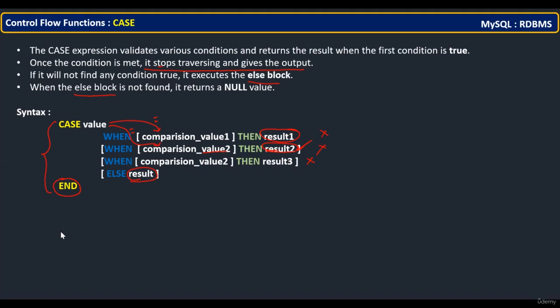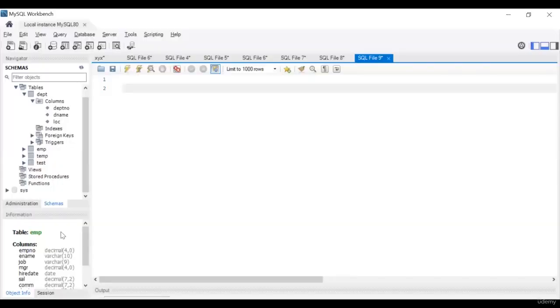Now let us see a simple hands-on session. For example, here, SELECT CASE, suppose I give 1. Then when it is 2, I'm going to return 2.